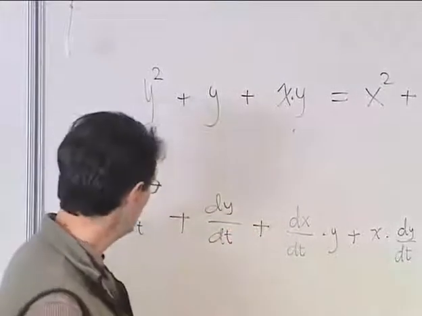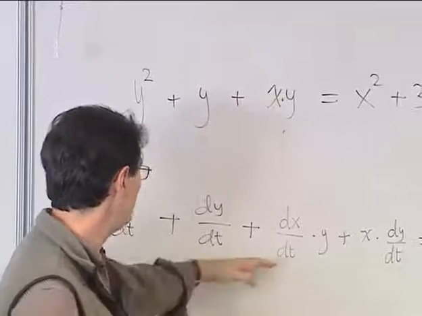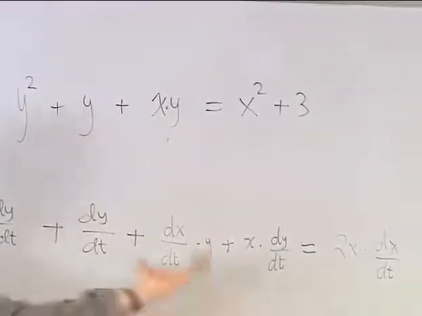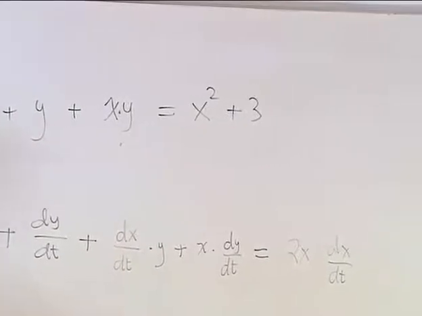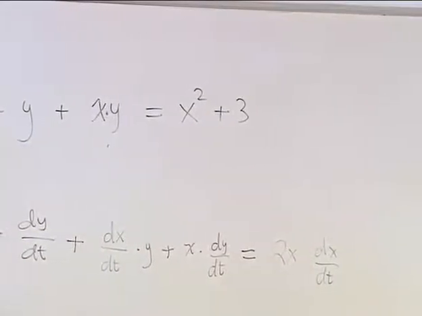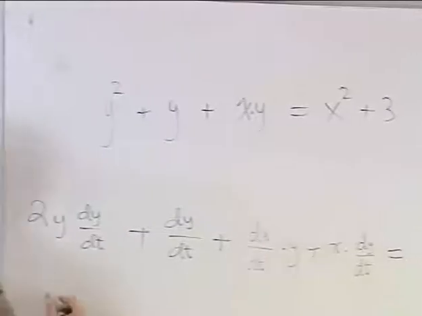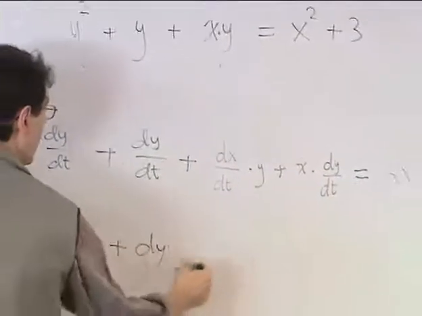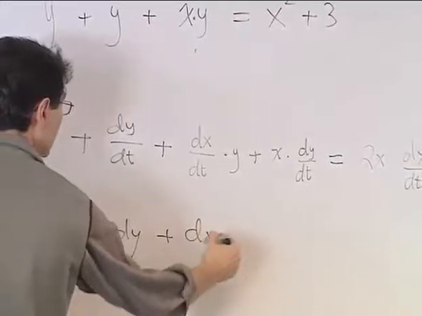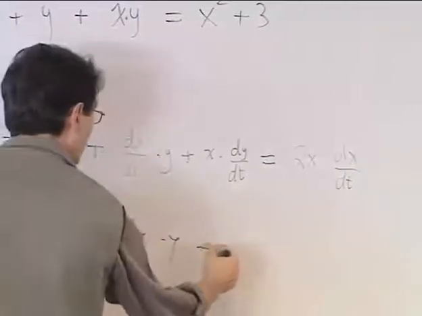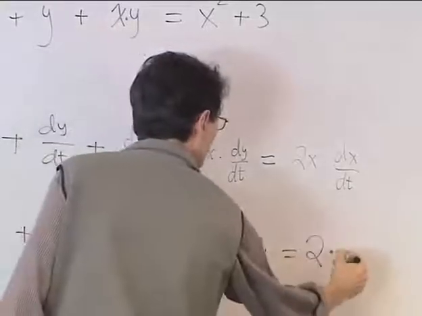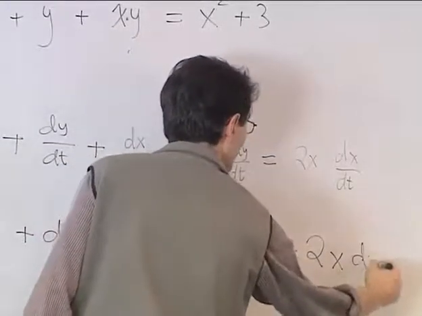In fact, you notice that dt cancels from the denominator everywhere. So I'm just going to write the same formula, but without the dt. I'm going to write 2y dy plus dy plus dx times y plus x times dy is equal to 2x dx.